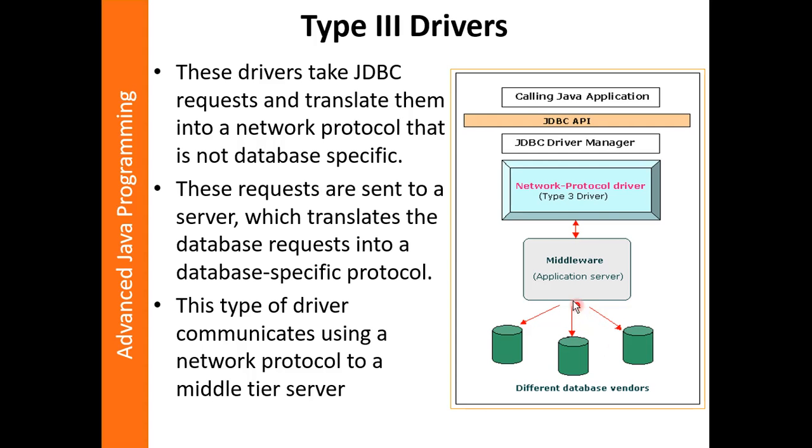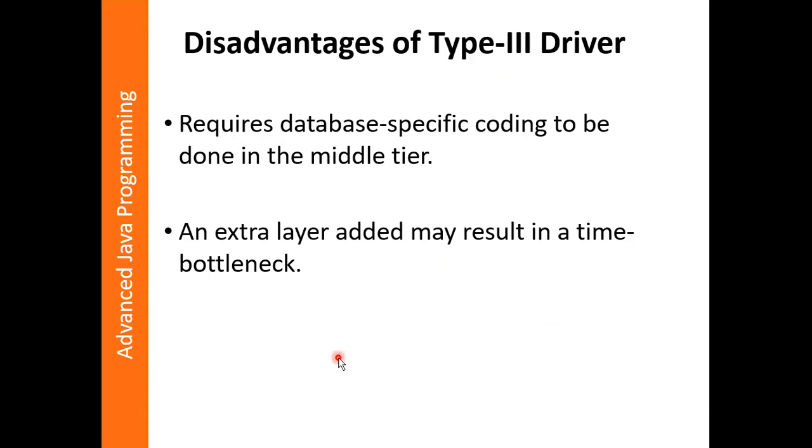So the network protocol driver makes use of middleware, and this middleware converts JDBC calls to vendor specific database protocol. So this is how this network protocol driver works. The disadvantages of this type 3 driver are it requires database specific coding to be done in the middle tier, and an extra layer is added which may result in a time bottleneck.